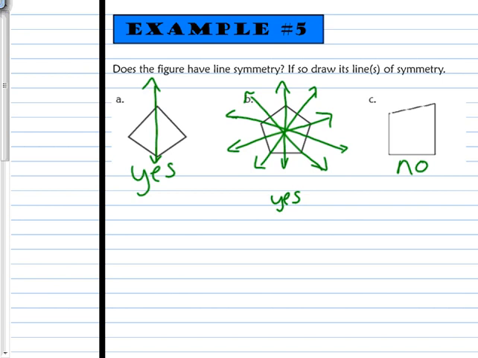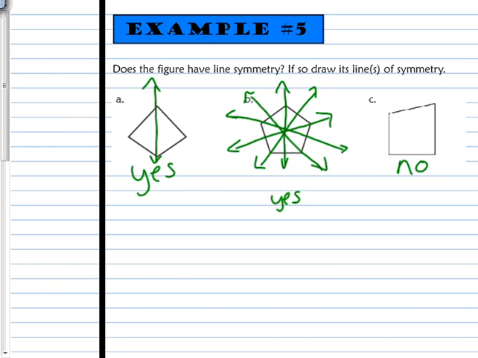Okay, shape B, yes, it does have line symmetry. And it has 5 lines of symmetry. This is a pentagon, and because all the sides of the pentagon are equal, it has 5 different lines of symmetry. I started from each vertex and just drew a line to the opposite side. We had a problem similar to this in bell work, and it only had 1 line because the sides weren't all the same.